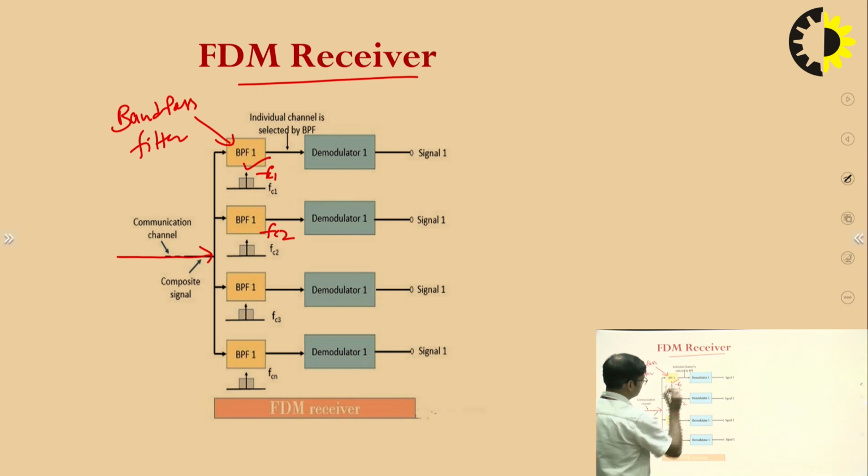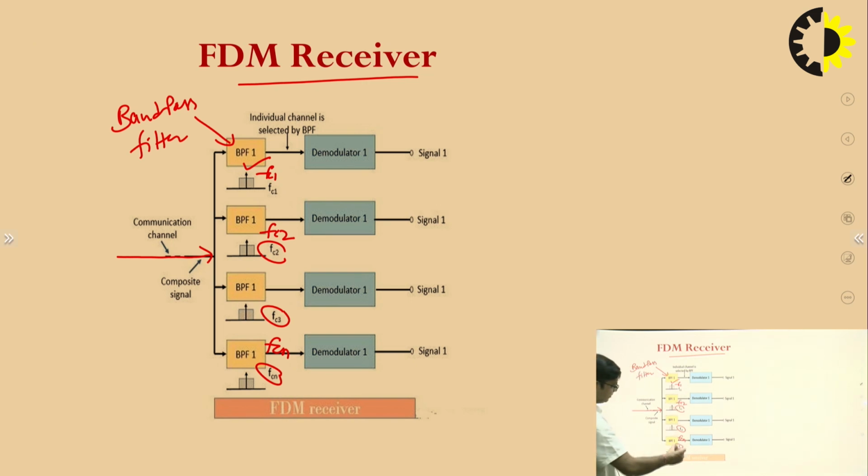This first one is FC1, then FC2 and up to FCN. So all these filters are tuned at different frequency values. First one is tuned at FC1, second one at FC2, then FC3 and FCN.